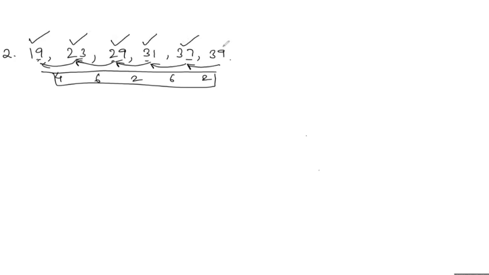Yes, 39 is not a prime number because 39 is divisible by 3. 39 by 3 is what? 13. 13 into 3 is 39. So 39 is not a prime number. So directly, which is the wrong number in the series? 39. Why? Because it is not prime. Understood, everyone?